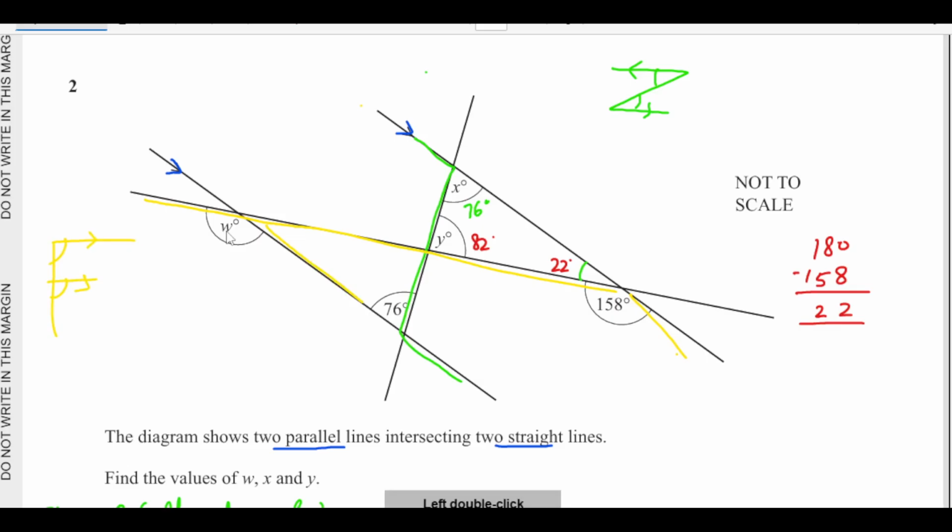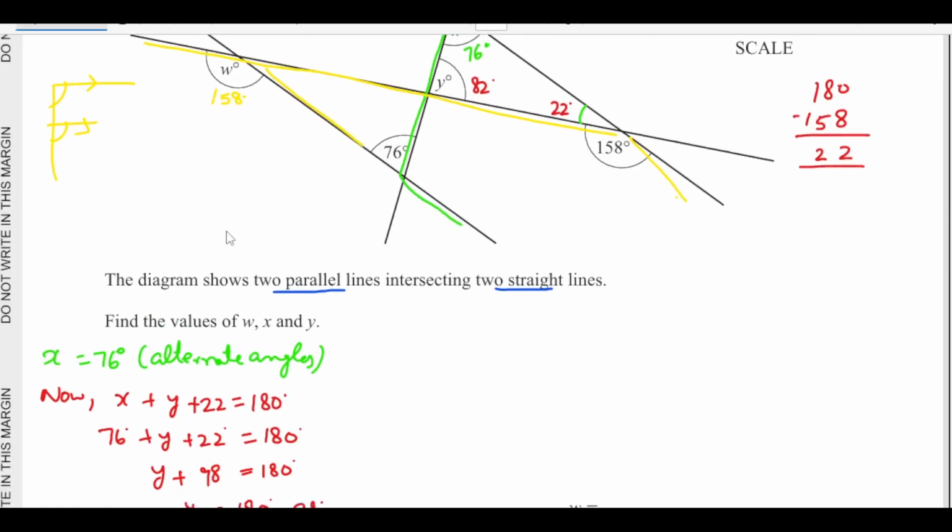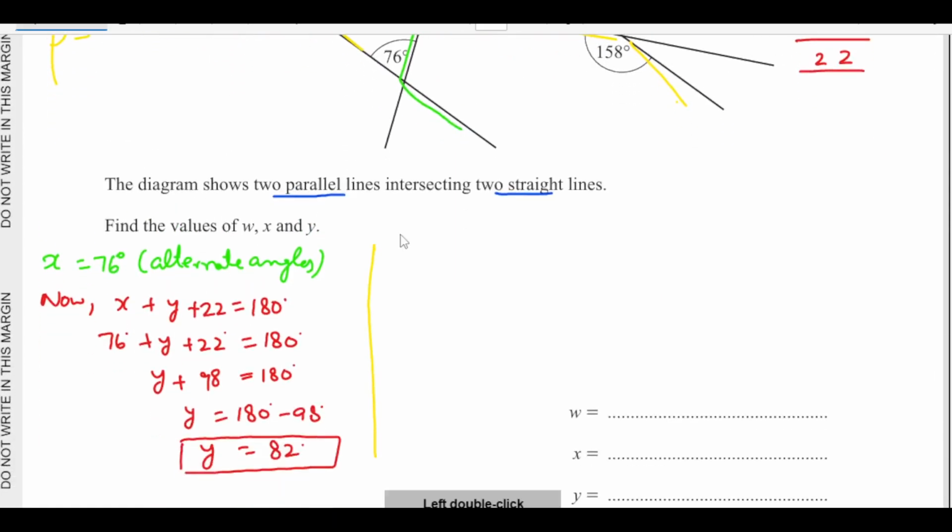So w is going to be 158 because they are corresponding angles.